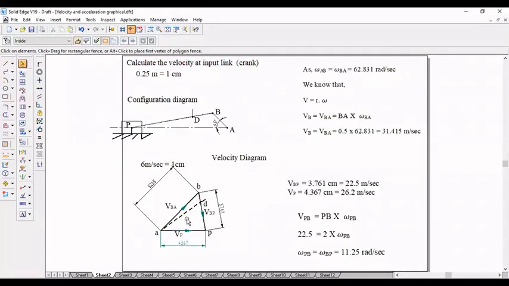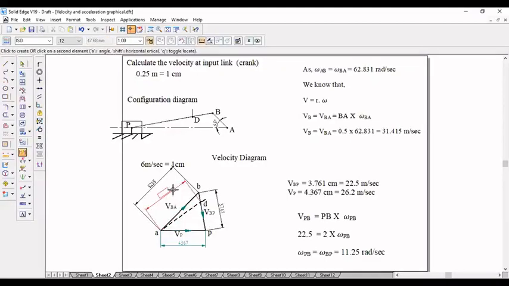So now let me measure this dimension. I'll take the dimension and check it. I've got 47.68 mm, that is 4.768 centimeter. It is approximated to 4.8. So you will get around 4.8 centimeter. The distance from A to D is 4.8 centimeter.